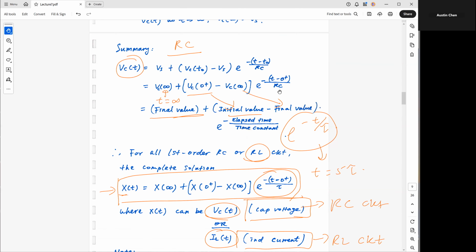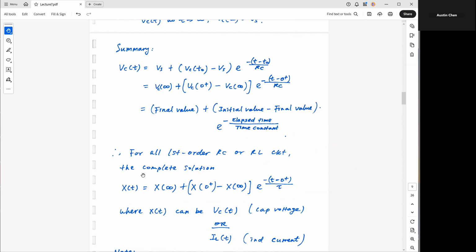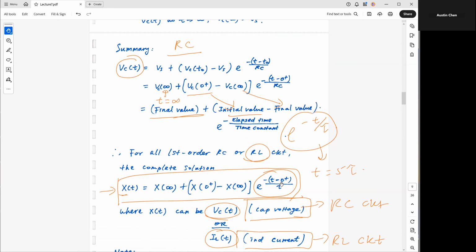So there are basically three parts. Once we figure that out, we just have to put everything back into this template, then we are done. This is how you make use of this template that we just derived.